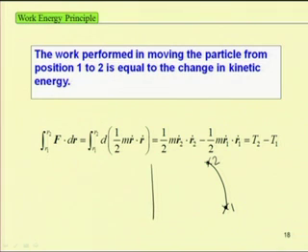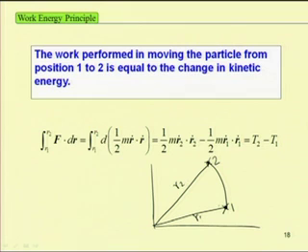This is position vector R1 and this is position vector R2. By moving the body from this position to this position, we already know that F can be written in terms of the change in momentum.